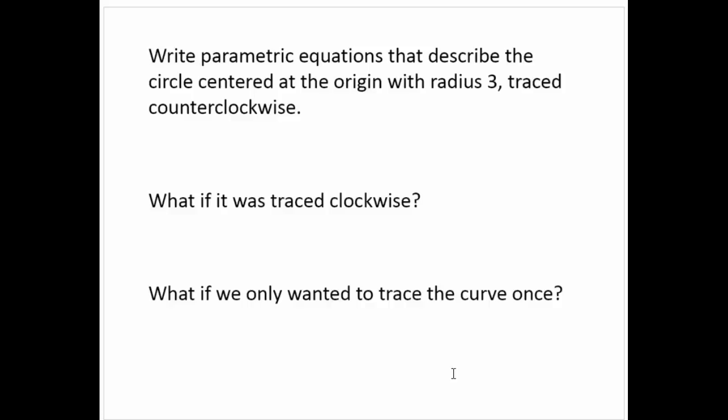Write parametric equations that describe the circle centered at the origin with radius 3 traced counterclockwise. So this is the situation that I described earlier, and so then we would have x equals 3 cosine t, y equals 3 sine t.